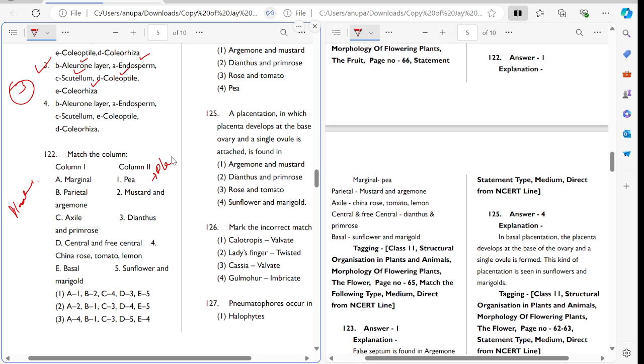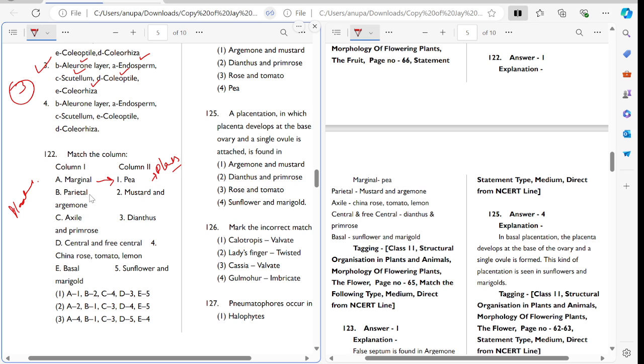We have to find out what type of placentation is found in which type of plants. So the first one is marginal. In marginal placentation, the ovules are arranged in two rows and it is most commonly found in pea. So marginal placentation goes with P.